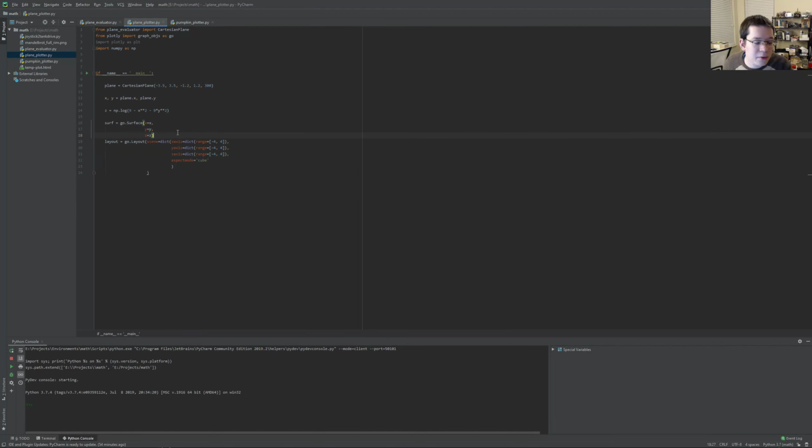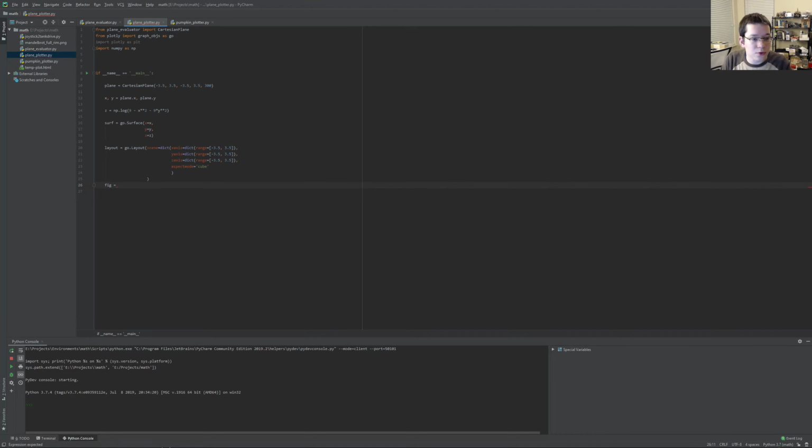Layout equals that. That's probably fine. I'll change that to match 3.5. 3.5. And I'll actually go ahead and change these two. That way my aspect ratio is right. Aspect mode cube is fine.